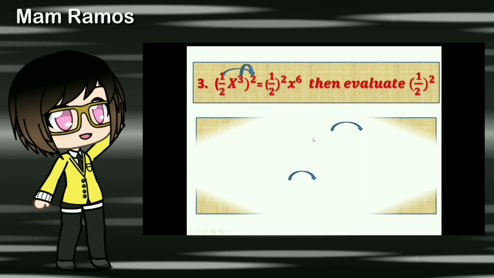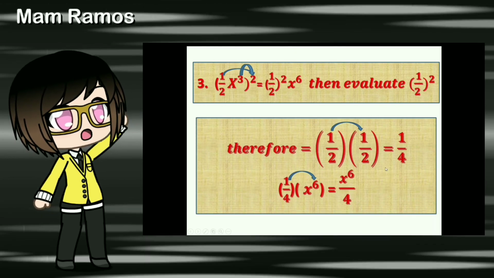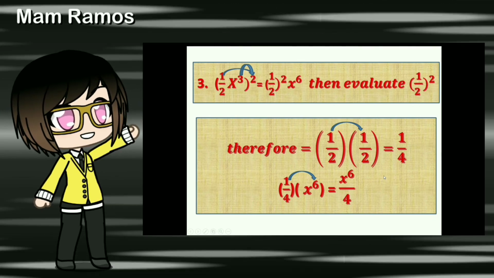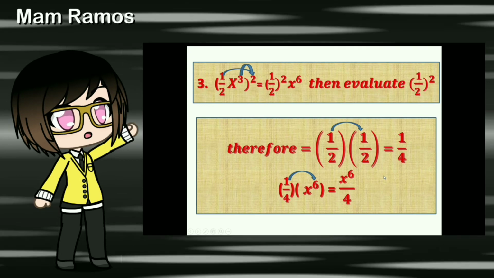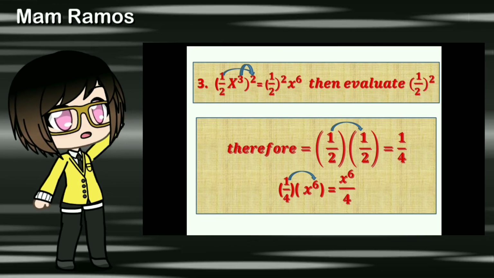Therefore, 1/2 times 1/2 will be equal to 1/4. 1/4 multiplied by x to the sixth power will be equal to x to the 6 over 4.